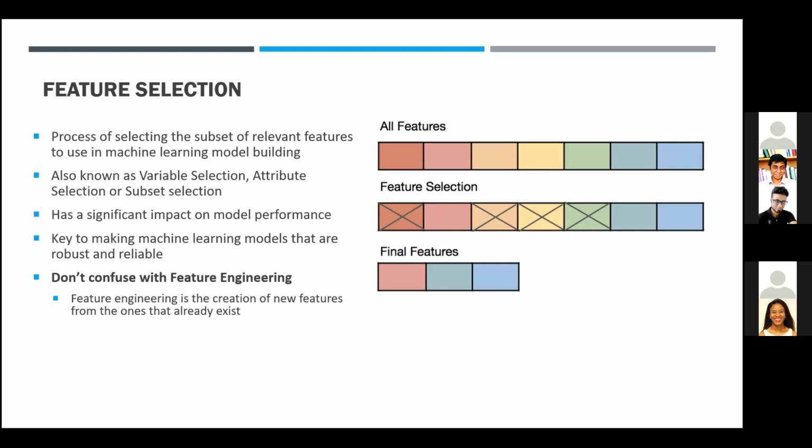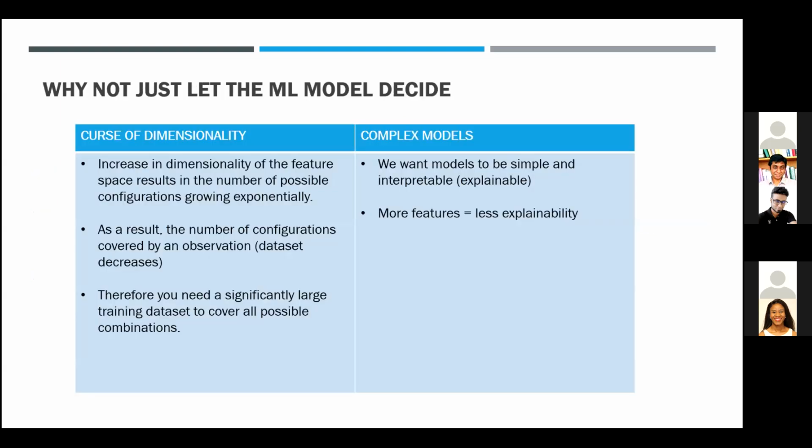You can engineer that feature into a model. It can be a ratio, a summation, or any analytical relationship between the features to develop a new feature.